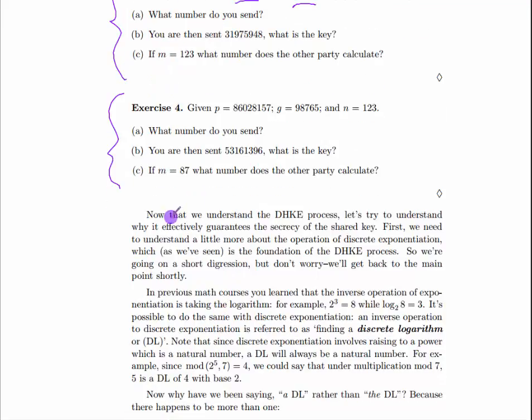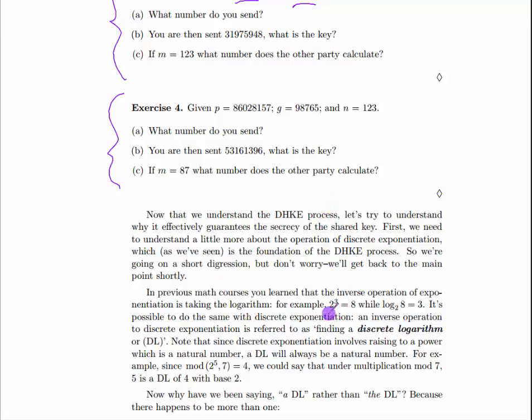All right, so far you've had to take it on my word that this process is a secret process. So let's see why it's a secret process. In the process, we took the number G and raised it to an integer. Now, if we wanted to get that integer back again, we would have to do the inverse operation. Now, we've seen inverse operations like this before.